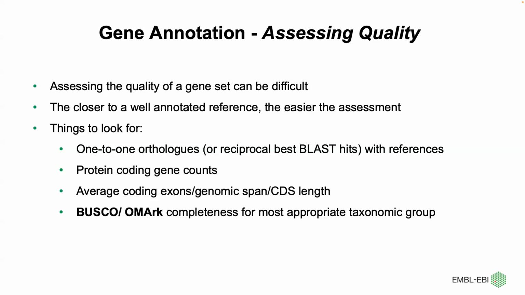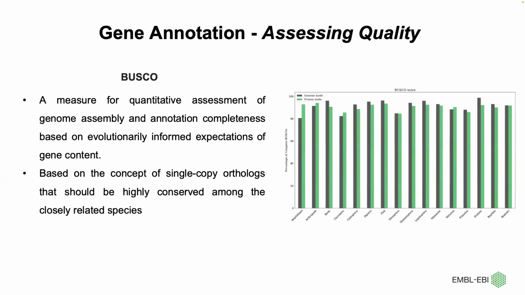In addition to these basic stats, we also use two different tools, BUSCO and OMARK, to assess the completeness of the genome annotation. So BUSCO, as you know, is a method to assess the genome annotation quality, completeness. It uses single copy orthologs from defined taxonomic clades.